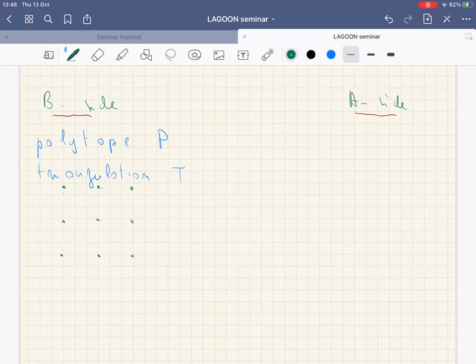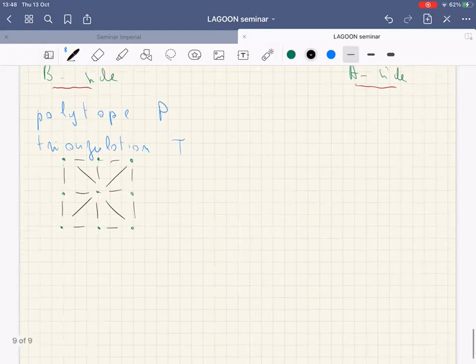And then I can triangulate it. So for instance, consider something like this. Then we suspend this at height 1. So we take a cone over this.